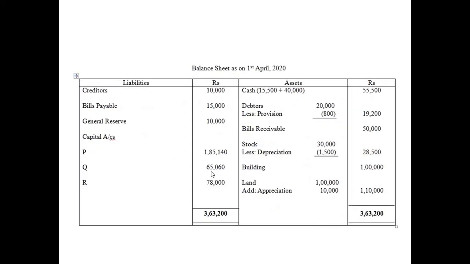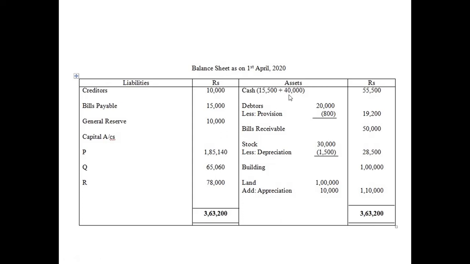Anyway, balance sheet. As you already know, we have to follow the balance sheet which is given in the question itself. The cash balance you can see here is already 15,500. Okay, and in this question, R is not bringing his share of capital, isn't it?